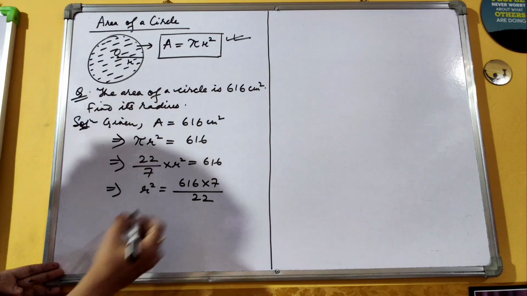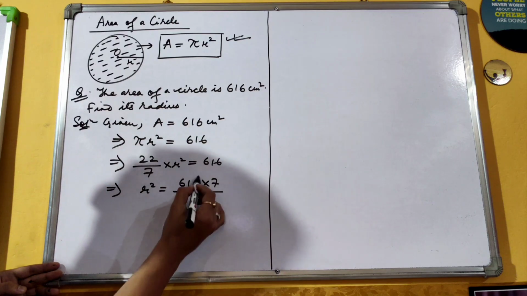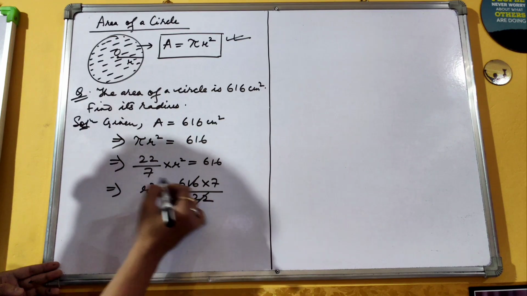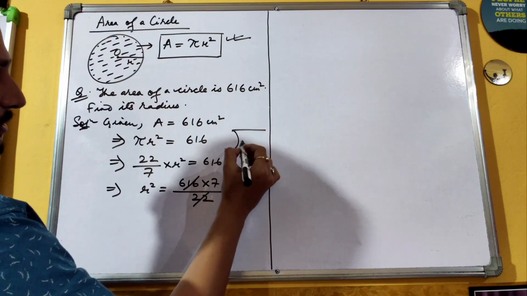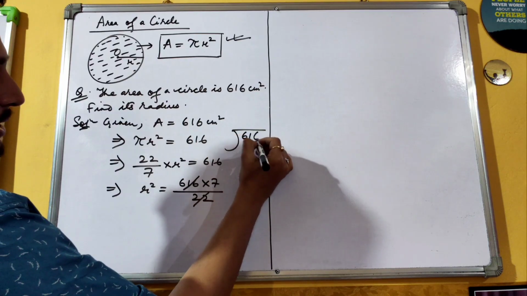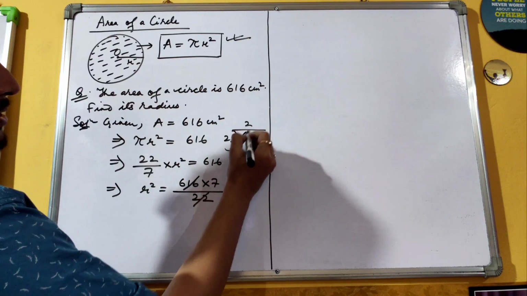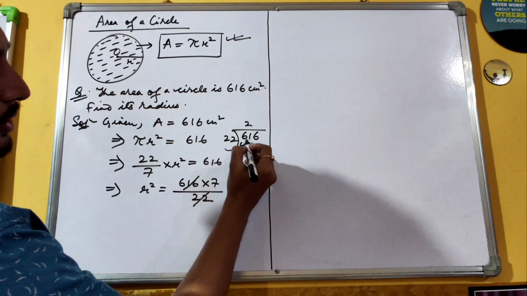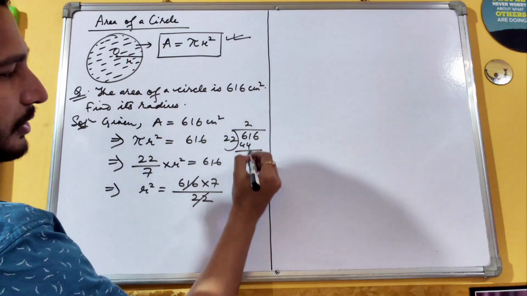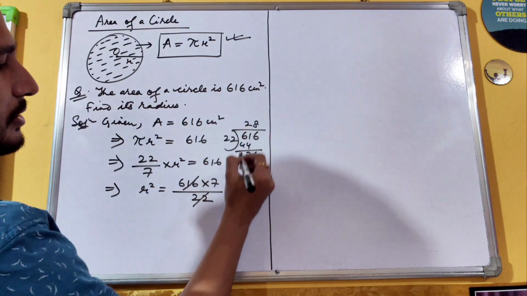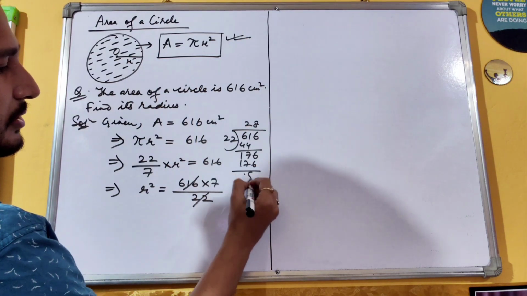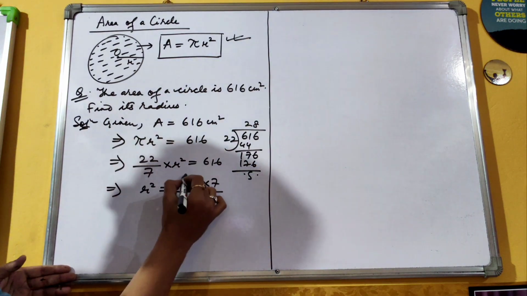I will keep on cancellation and check 22 and 616. If you divide, let's just have a small division for better understanding. 22 times 2 is 44, 11 7 4 7, 176, 8 times 22 is 176. So 28.